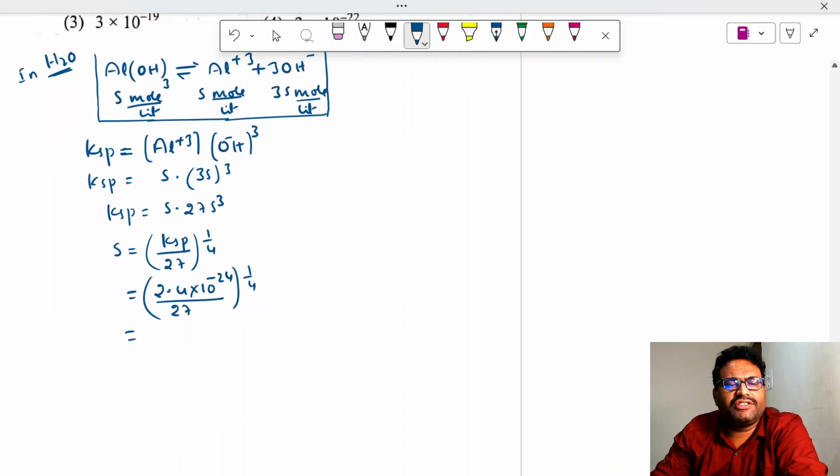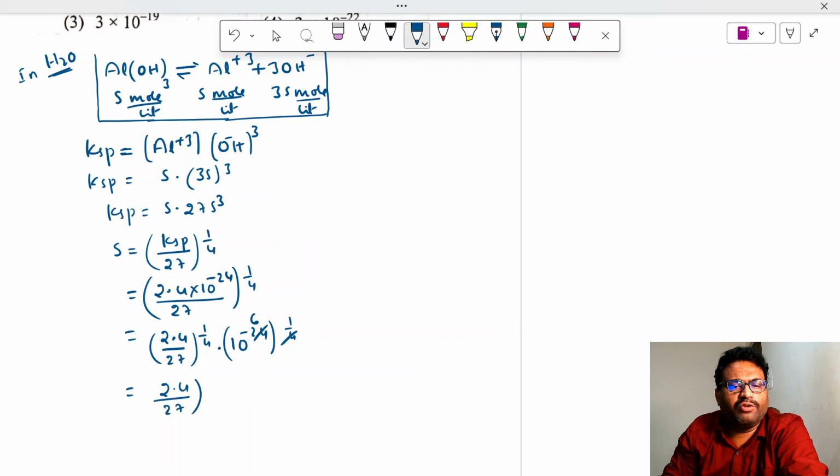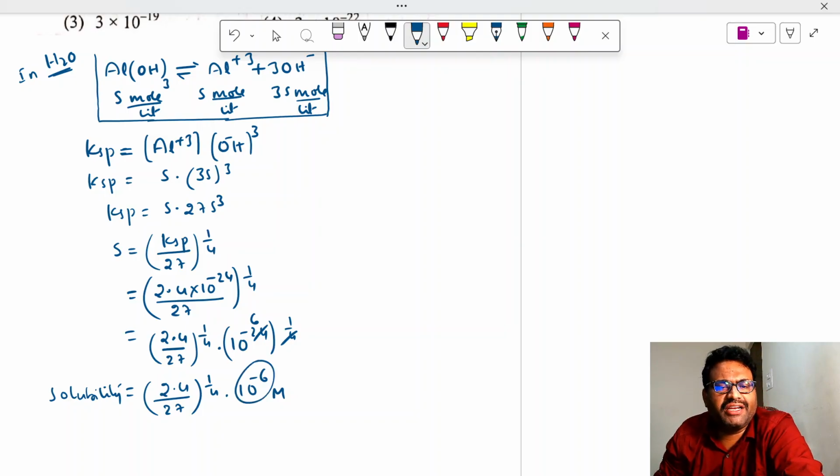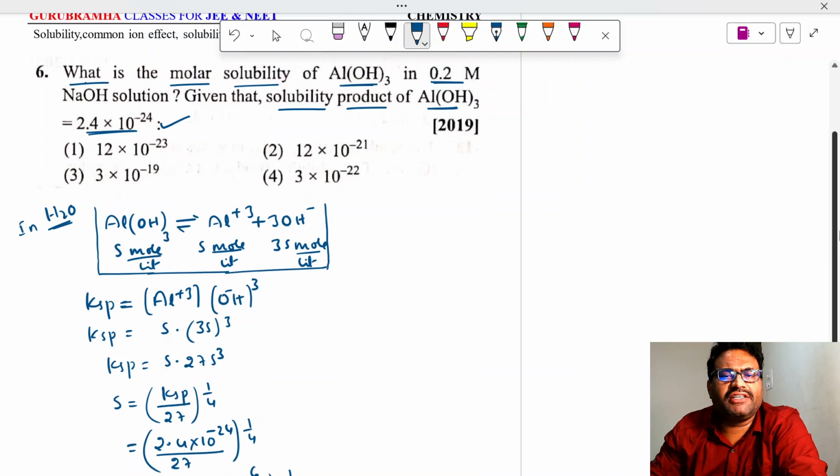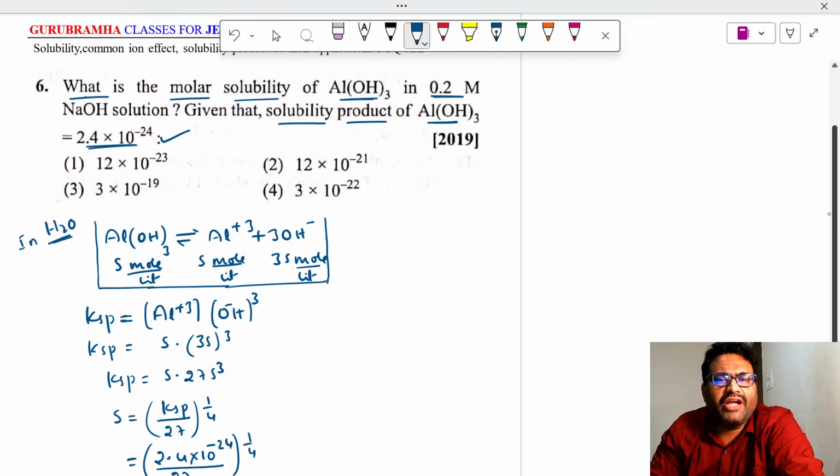So then what do you get? 2.4 by 27 whole power 1 by 4 into 10 power minus 24 whole power 1 by 4, that is 10 power minus 6 molar. So what is this solubility? The solubility is in the range of 10 power minus 6. Now let us come to the actual question.